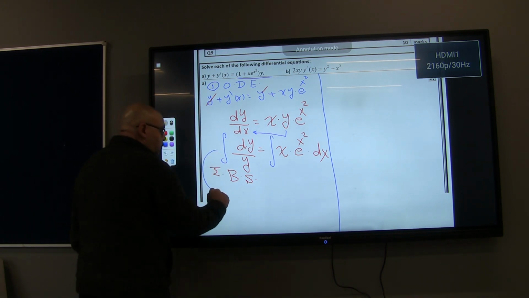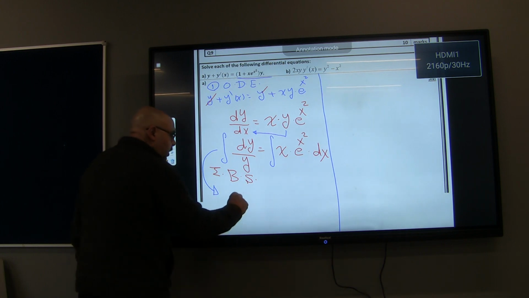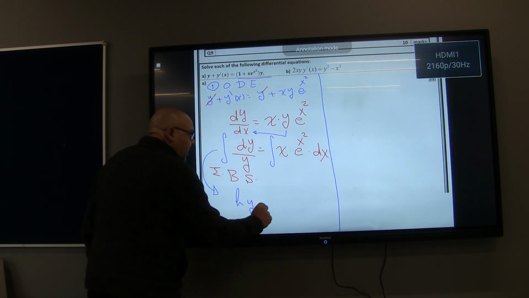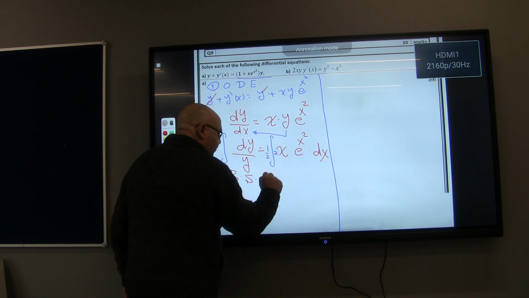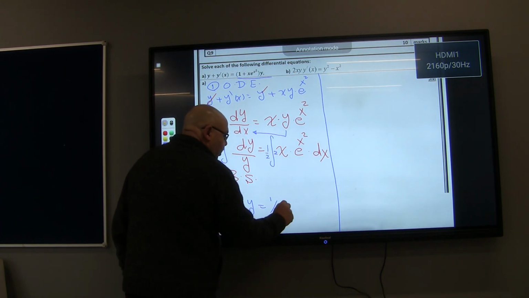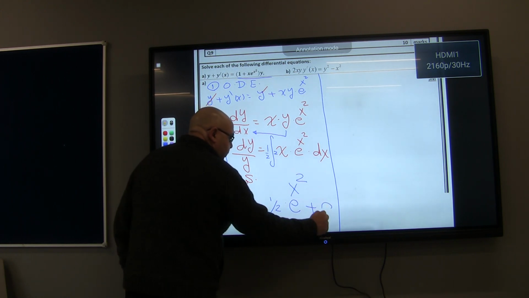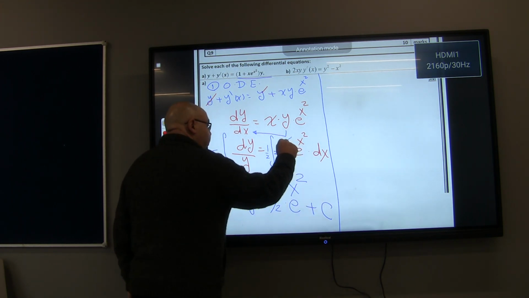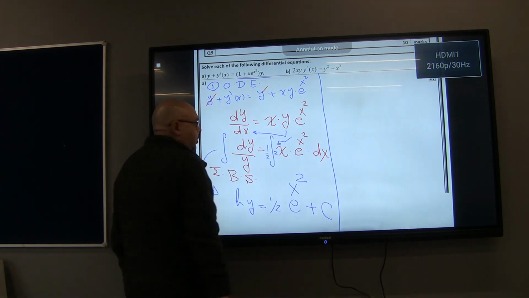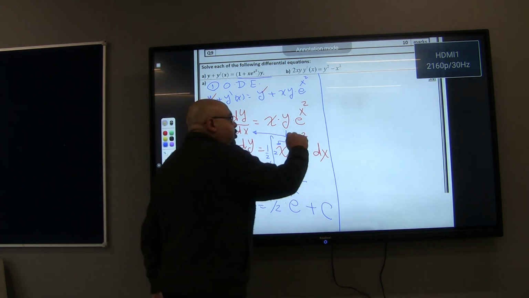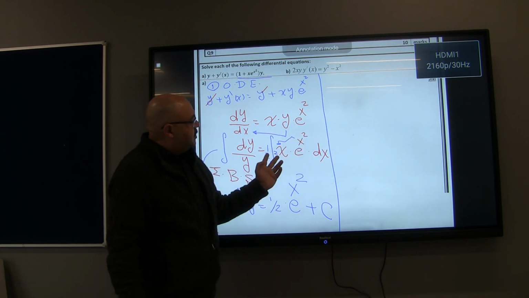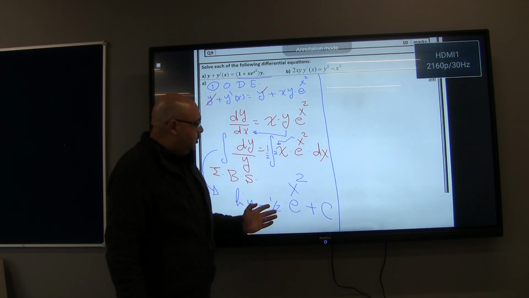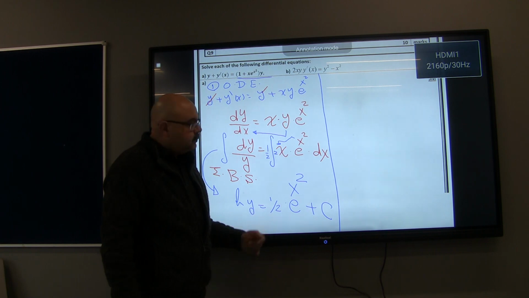Using integration, as you know, it's going to be ln y, and for that part I will need to multiply by 2.5, and you will end up having half times e to the power of x squared plus c. Already, you know that this is an integrable function, since the derivative of the power already exists, which is 2x. So in integration, you will have this.